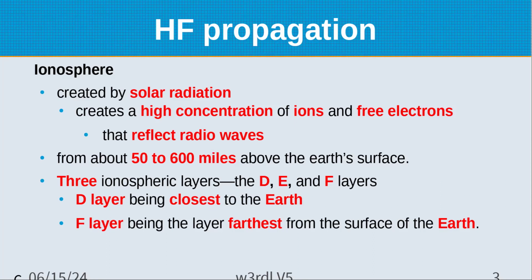And we talked about before that you had the D, E, and F layers, where in the daytime, the F layer actually splits into two, F1 and F2. And at night, it's back to a single layer, and the D layer disappears, and you have a reduced E layer because they have to retain the ionization from the daytime.